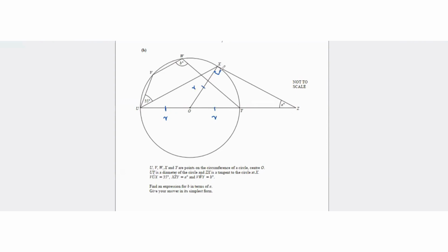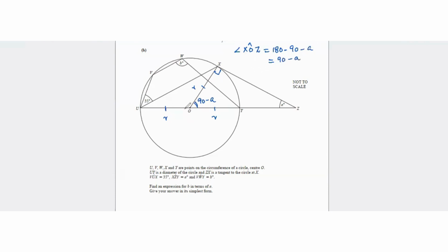Now, if this is A and this is 90, this angle would be 90 minus A. Why 90 minus A? Because sum of angles of the triangle is 180. So for angle XOZ, we do 180 minus 90 minus A, which is 90 minus A.